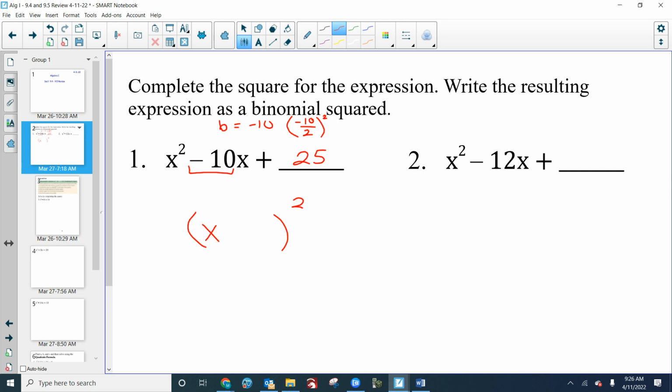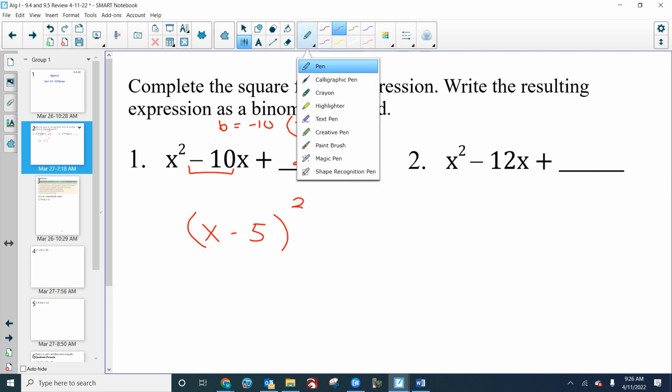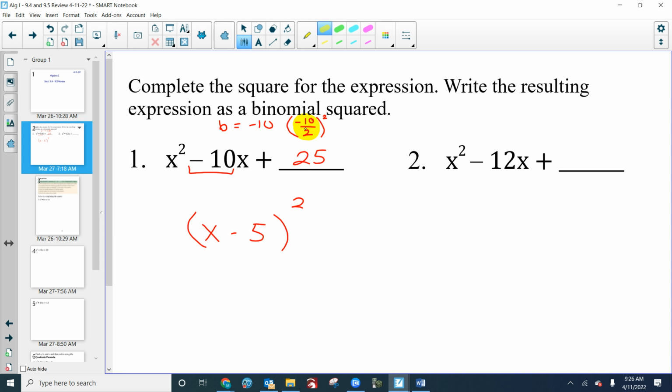X minus 5. Remember, the number that came from here goes down here.